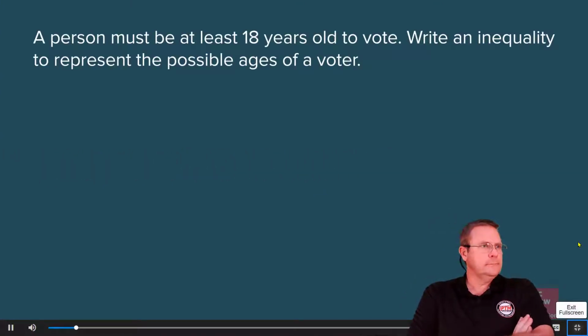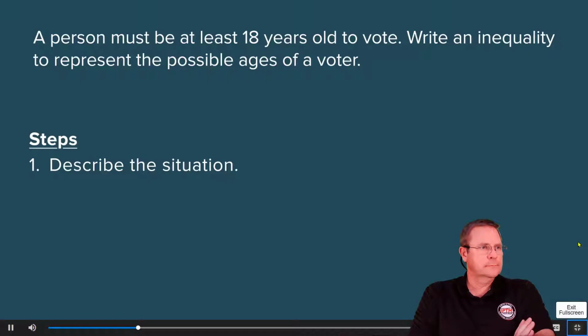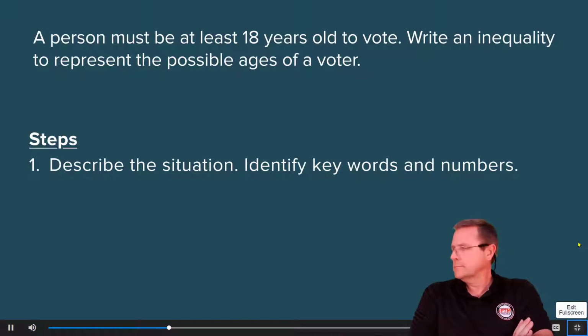A person must be at least 18 years old to vote. You are asked to write an inequality to represent the possible ages of a voter. To write an inequality, start by describing the situation. Identify any key words and numbers. For this problem, you know that a voter must be at least 18 years old.